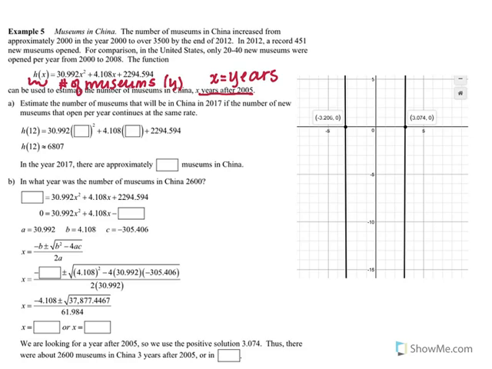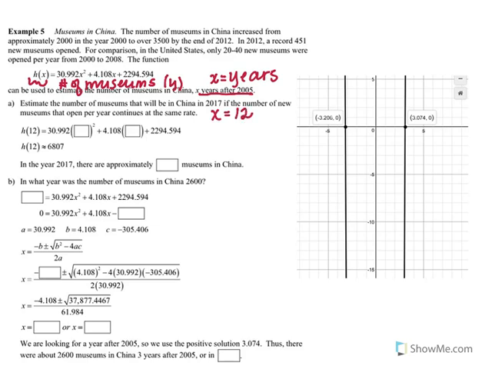Okay. So estimate the number of museums that will be in China in 2017 if the number of new museums that open per year continues at the same rate. So if this model continues to be accurate, what will the number of museums be? So we're looking for y here, and from 2005 to 2017, the number of years that have passed has been 12.